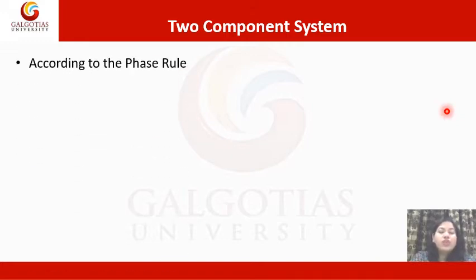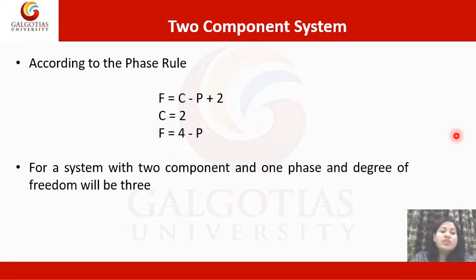According to the phase rule equation, F is equals to C minus P plus 2, where F is the degree of freedom, C is the component, P is the phase. If C is equals to 2, then the value of F is equals to 4 minus P. For a system with two component and one phase, the degree of freedom will be 3, which can be easily shown by the phase rule equation.